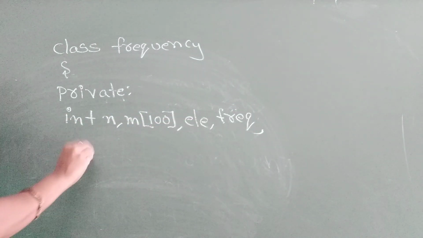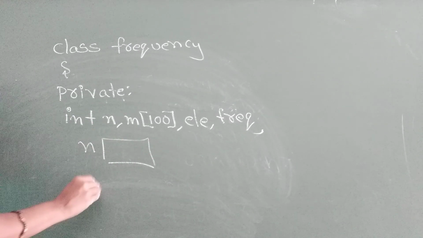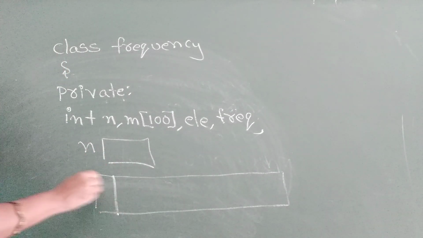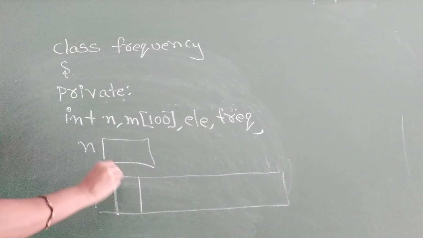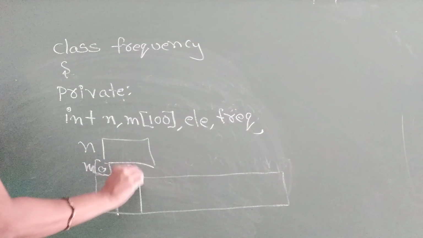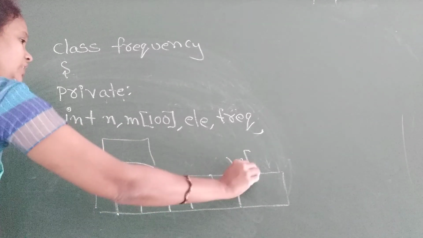Listen. M is a memory location. M of 100 means M is an array which goes from 0 to 99: M of 0, M of 1, M of 2, M of 3, up to M of n minus 1.